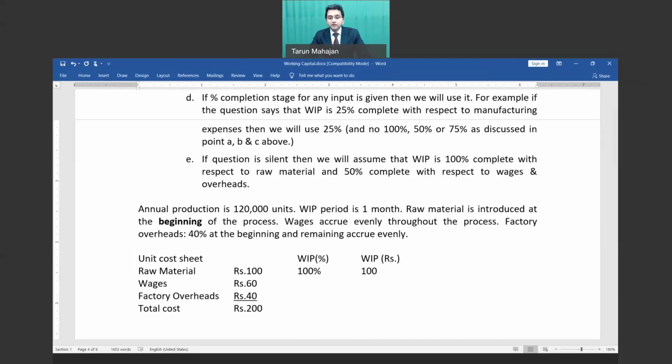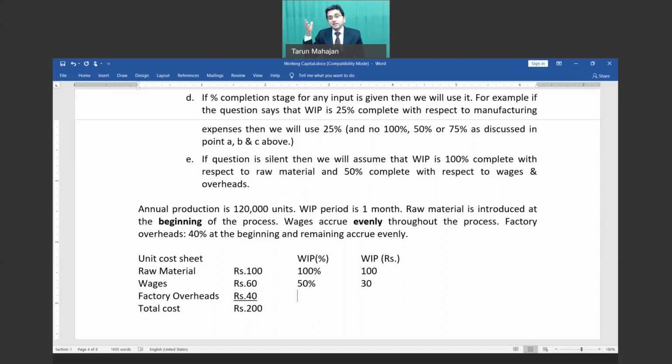Wages, they accrue evenly throughout the process. It means it starts from 0, but obviously it will end at 100%. So 0 plus 100 by 2, it is on an average 50% complete. Now that's 30 rupees. Now factory overheads. It starts at 40%. At the beginning itself, 40% overheads are accrued and the remaining accrue evenly throughout the process.